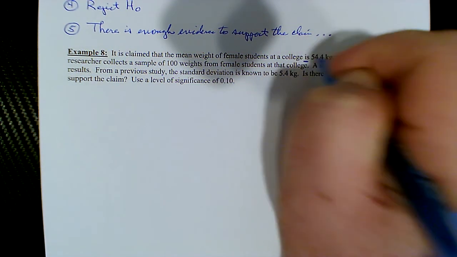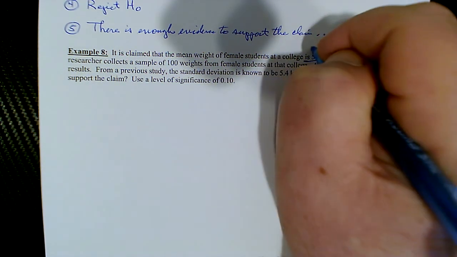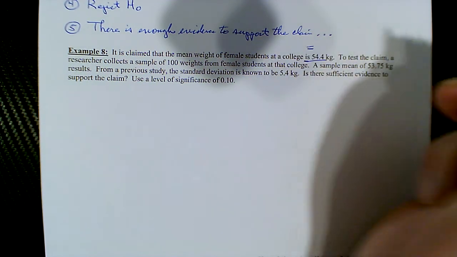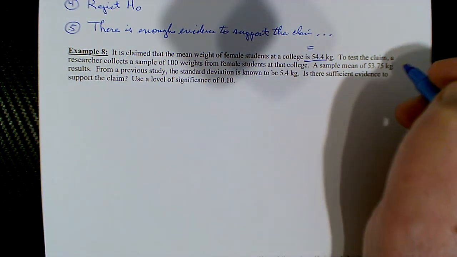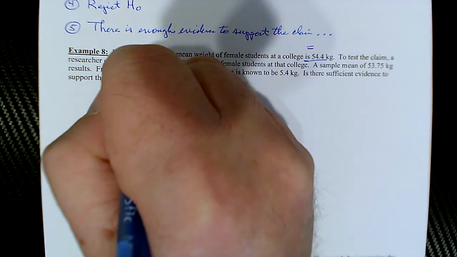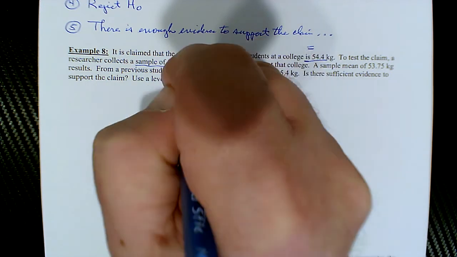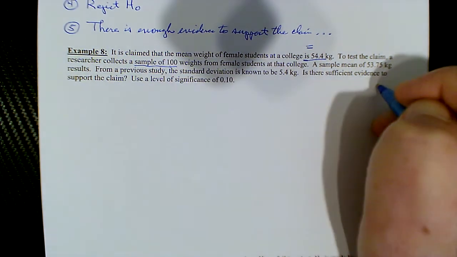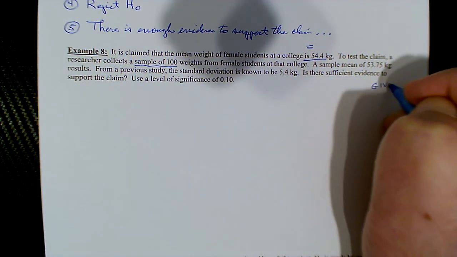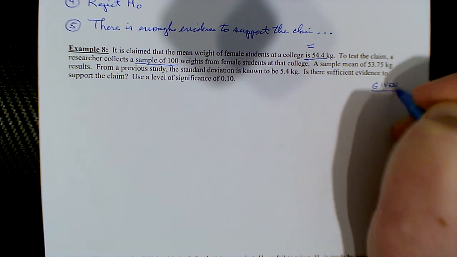The 54.4 has to do with the claim, of course. And we have that the sample size n is 100. It tells us the sample mean, so it literally says that. So x bar is 53.75.